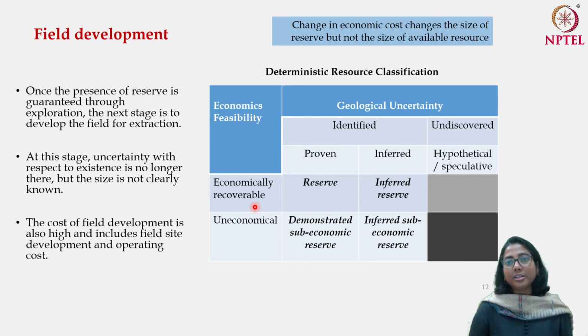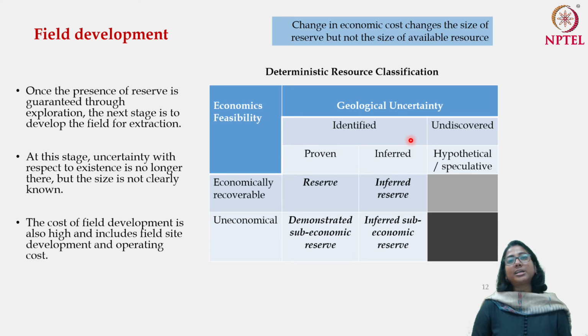If, with the advancement of technology, the recovery becomes less costly and more efficient, then some of the reserves which are now identified as demonstrated sub-economic reserve may come into the category of reserve which can be economically recoverable. Also, technological progress actually shifts the line between identified and undiscovered reserve.